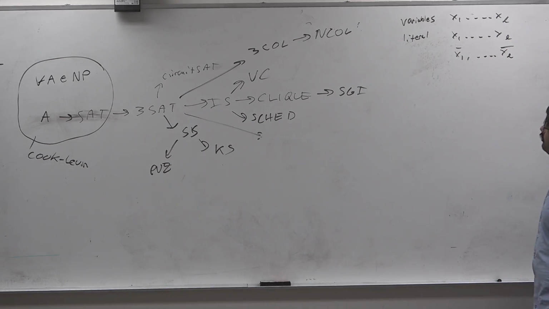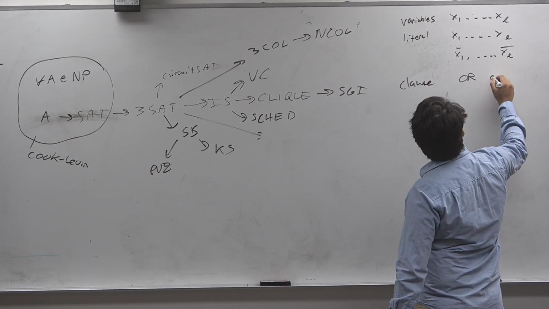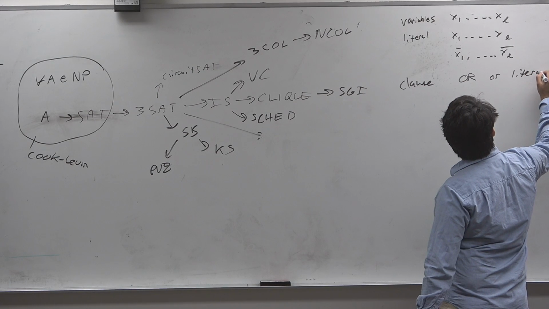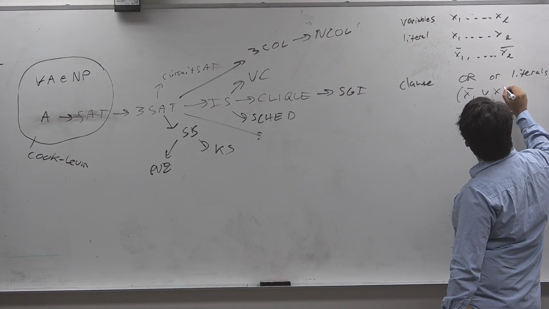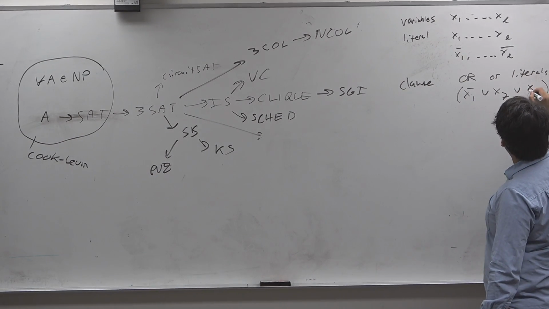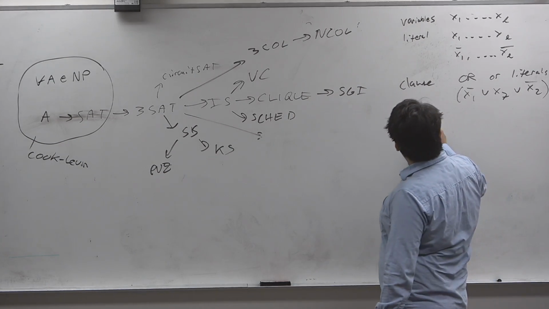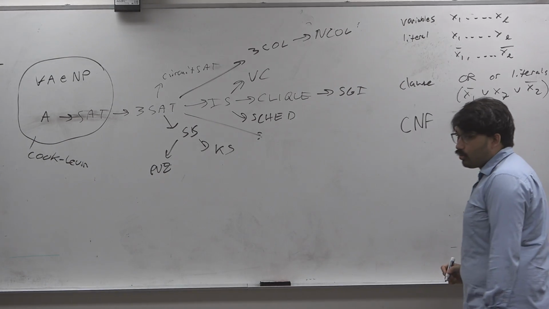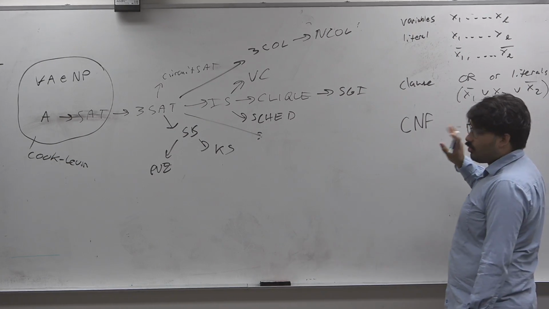So a literal is a variable or its negation. A clause is an or of literals, for example, x1 or x7 or x2. And then a CNF, conjunctive normal form, not Chomsky normal form, is an and of ors.